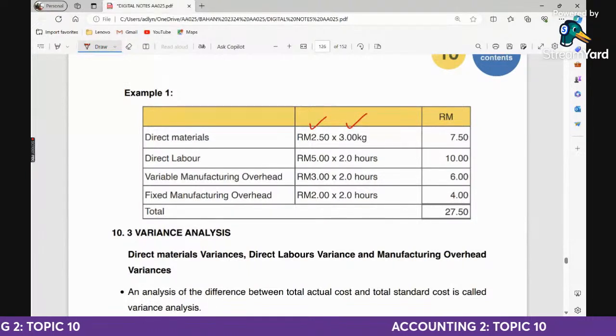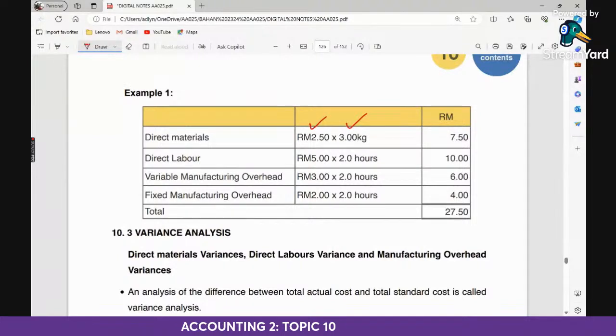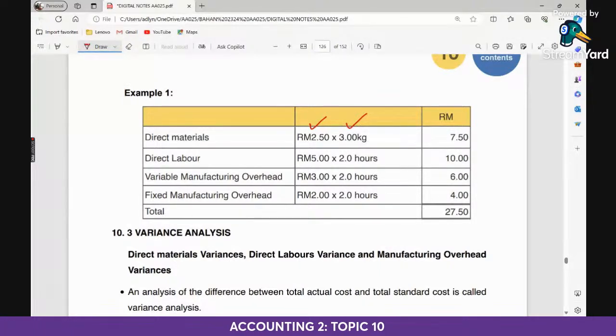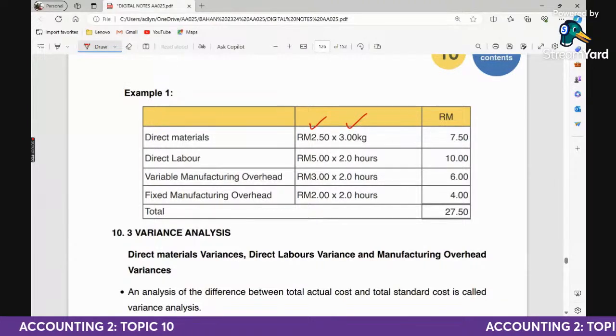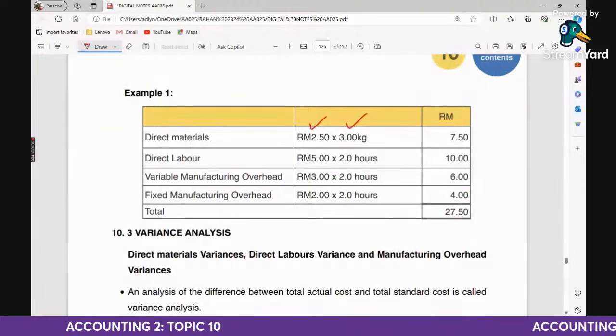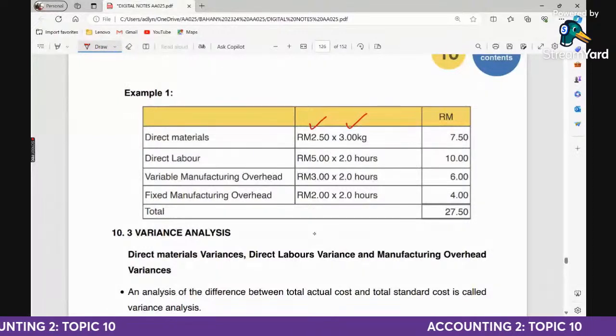Okay, let's say the production for the cookies perlukan 3 kg tepung. Okay, dan 1 kg tepung harganya ialah RM2.50. So the standard cost for the direct material will be price per unit darab dengan quantity per unit. So RM2.50 multiply by 3 kg, kita akan dapat RM7.50. Okay, that is for your direct material.